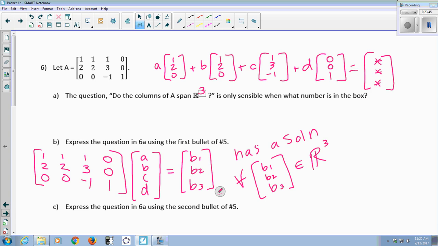If I want to express this same question using the second bullet from number 5, sorry, people are still writing. I'll pause.